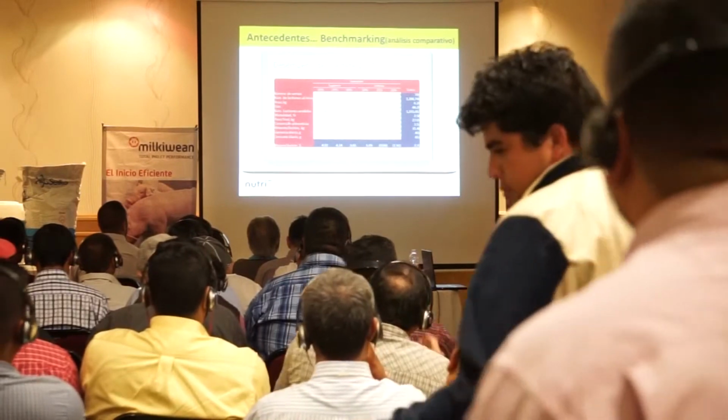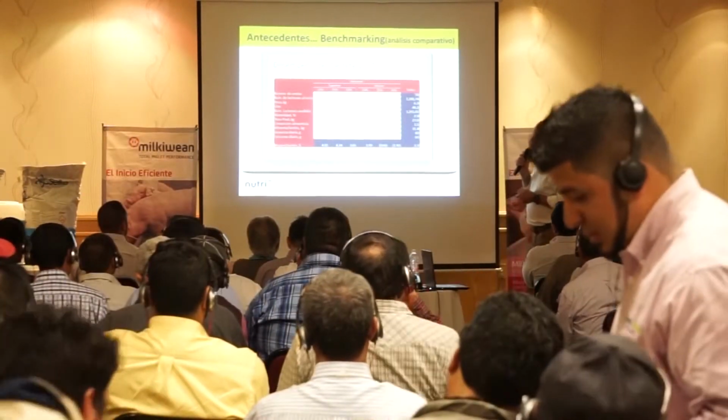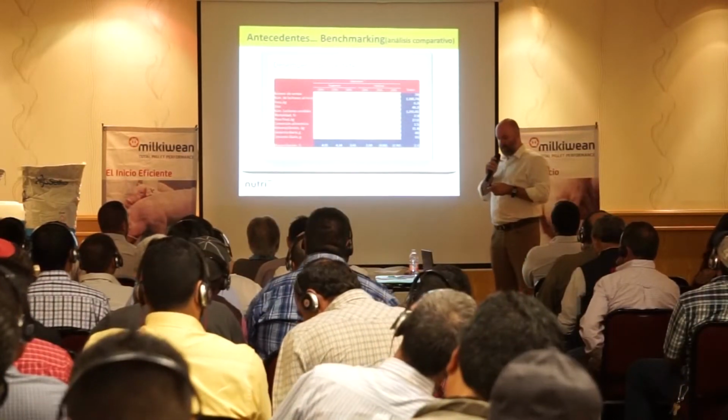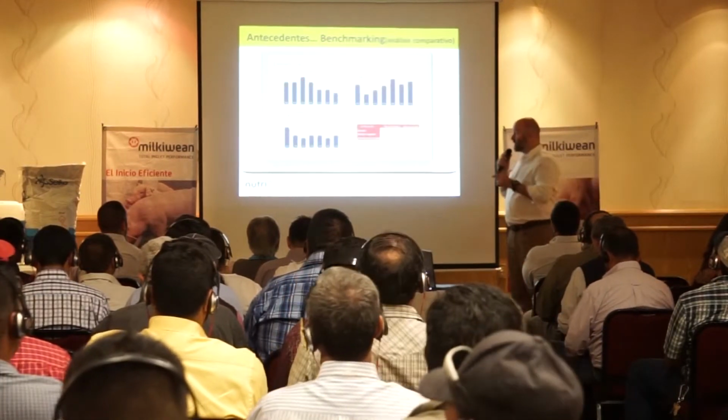And there is no shortage of data that we can look at: costs, days, mortality, feed intake. There's really any piece of information that you would want to look at built into the system.